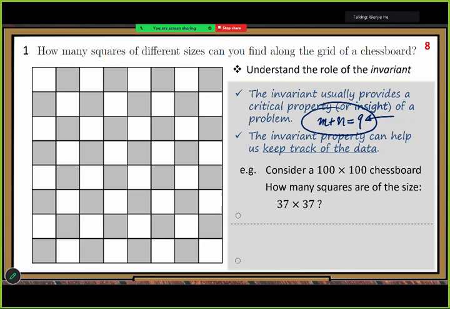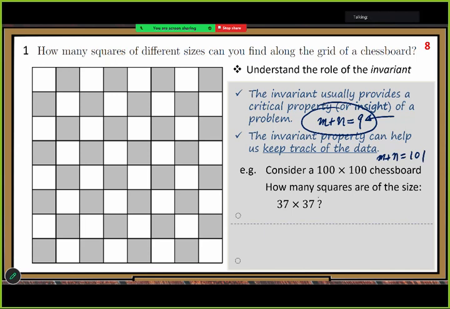The same way to derive the invariant concept. So for this new question, the invariant should be m plus n equals 101, right? So our invariant: m plus n equals 101.